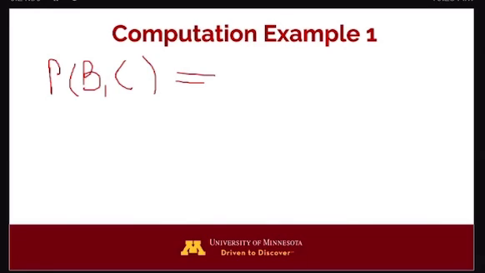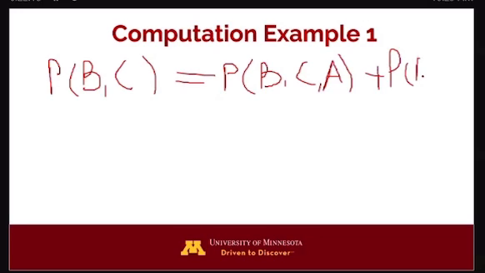I'm going to consider BC when I observe A, or BC when I don't observe A. So in that situation, I'm going to have the probability of BC and A, plus the probability of BC and A complement. Does that make sense? Okay, that's exactly what I'm going to have.